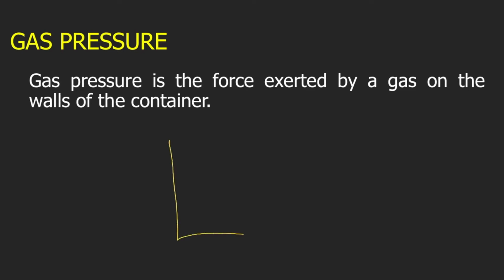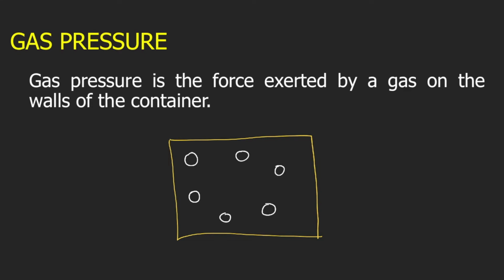So for example, you have here a closed container. Now inside the container are gas particles. So each circle is a gas particle. Now we know that gas particles are mobile, which means they move around inside the container. At some point, the gas particles will hit the walls of the container.